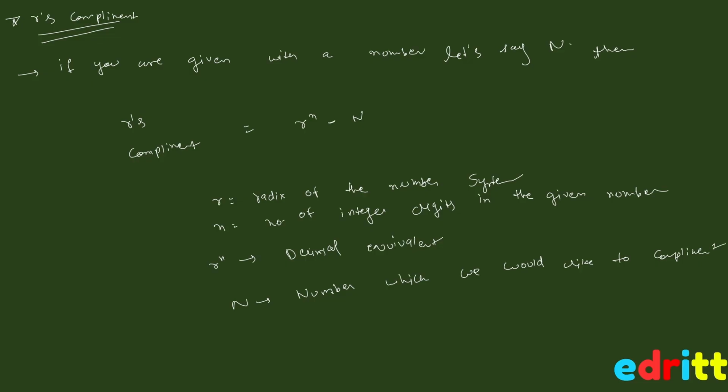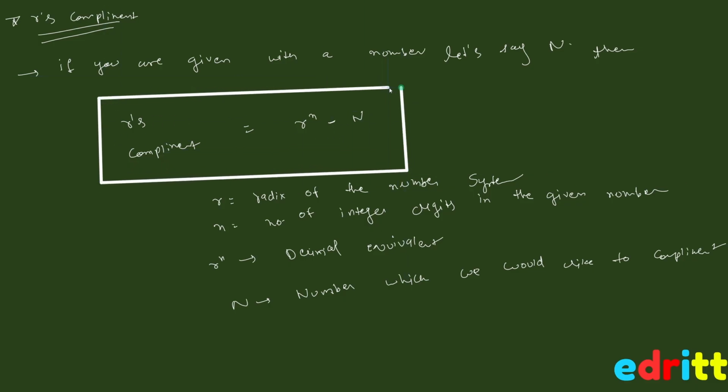Now probably this formula will look pretty complex and weird, but we'll try to solve this through an example and things will be pretty clear. You also need to recall this formula for certain cases, but solving this complement is pretty easy. So let's understand this through an example.